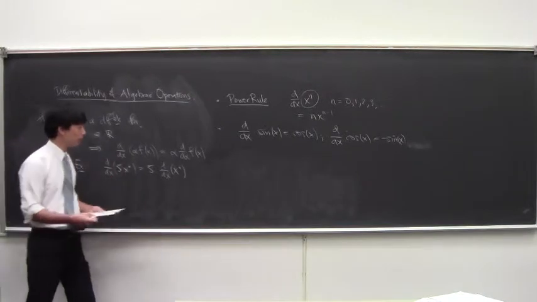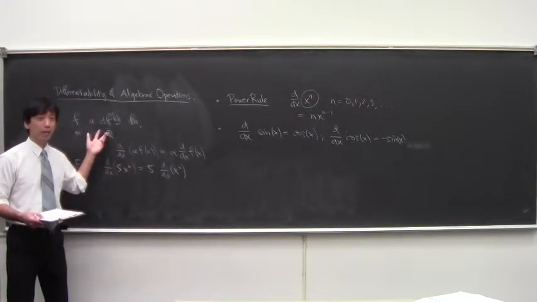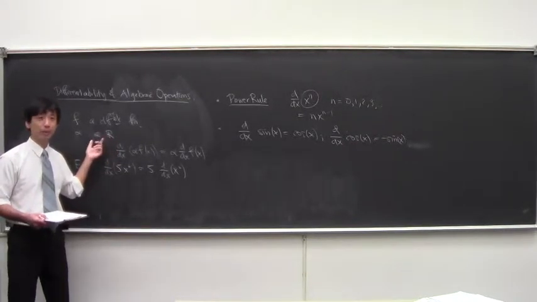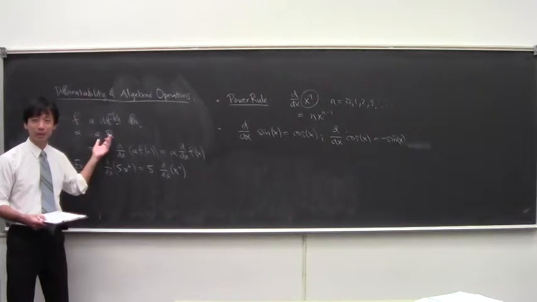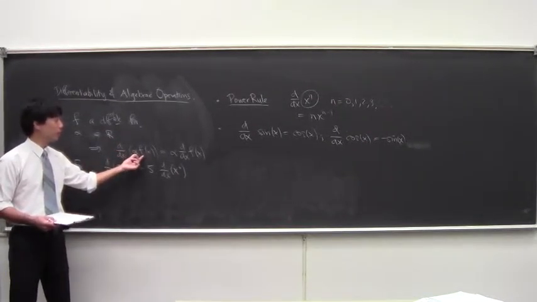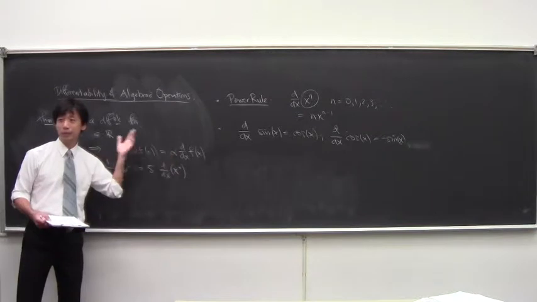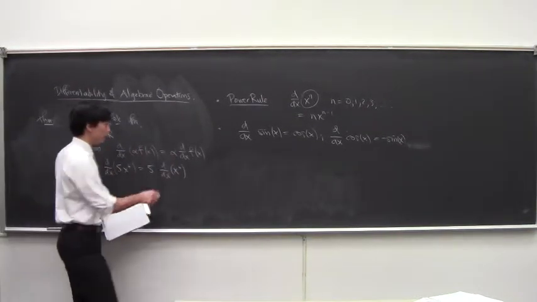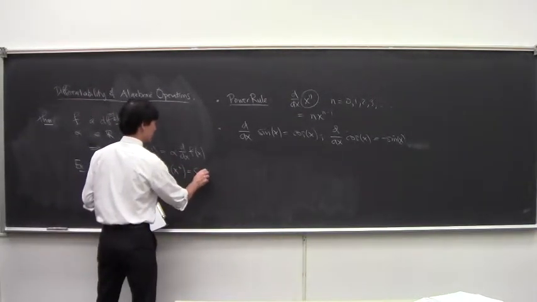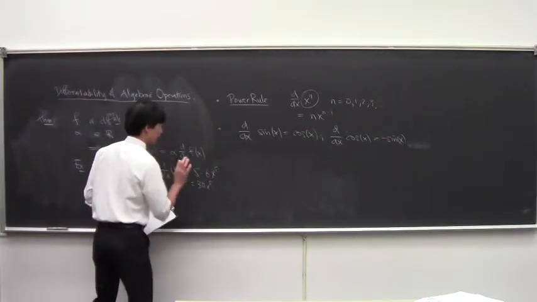What this says is that differentiation and multiplying by a number can be done in either order. They commute. A lot of our rules are like this. You can multiply by the number first and then differentiate, or you can differentiate first and then multiply by the number afterwards. You get the same thing. And so this would be 5 times 6x to the 5th, in other words, 30x to the 5th.